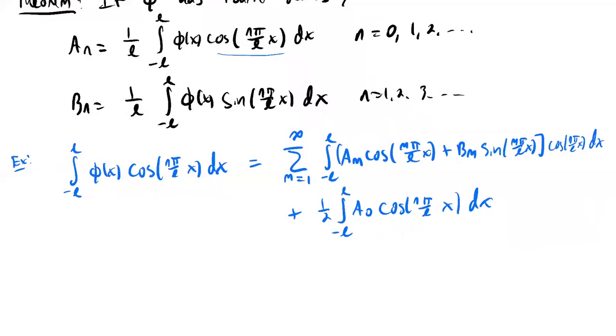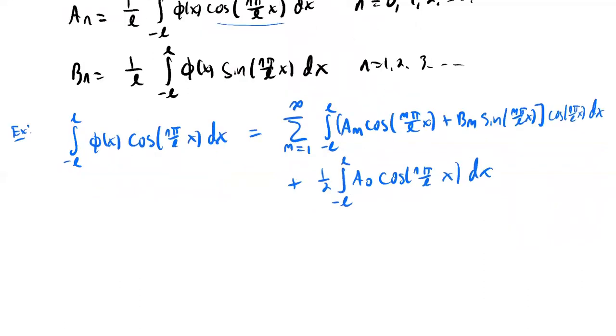Right. So this looks like a complicated calculation, but let's distribute everything. So I have the first term corresponding to the a_0 piece.